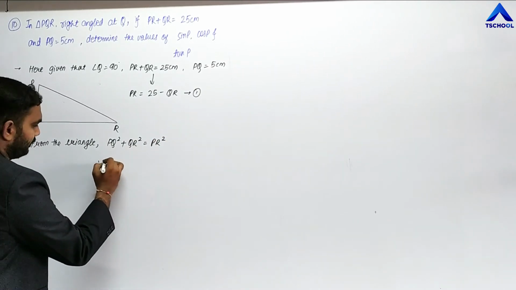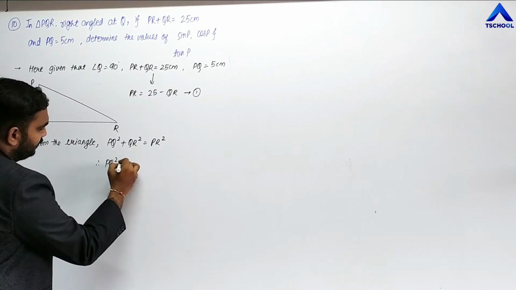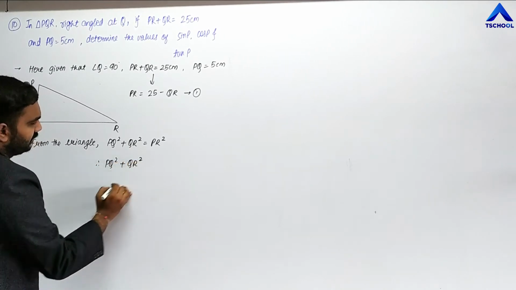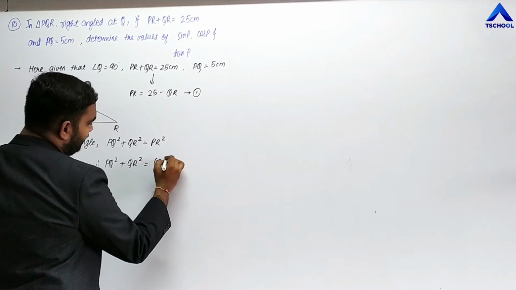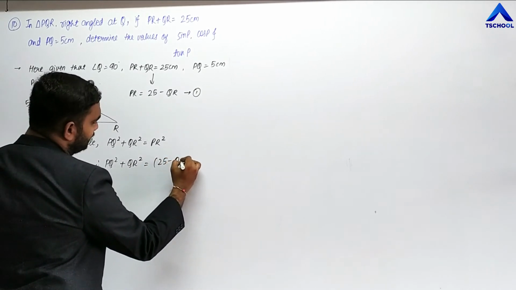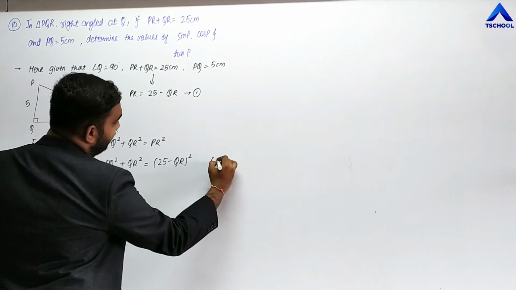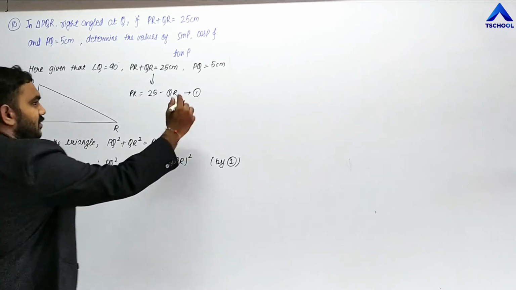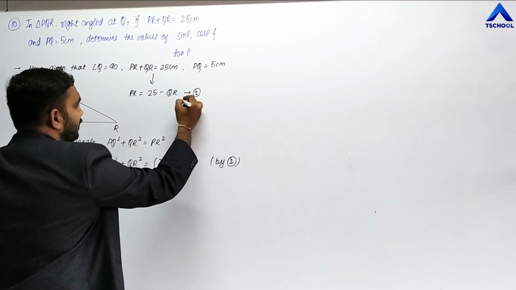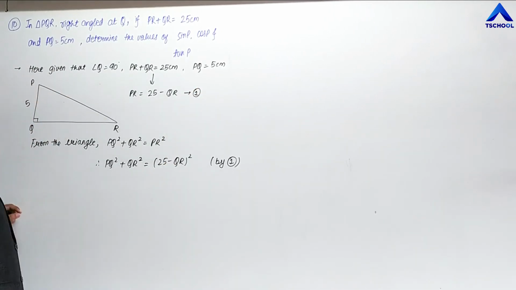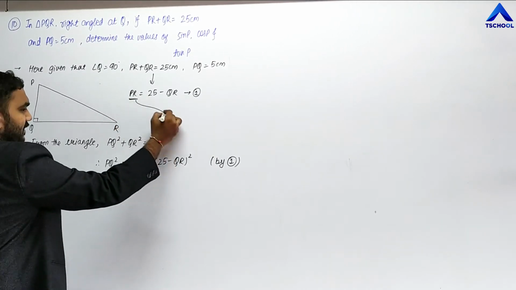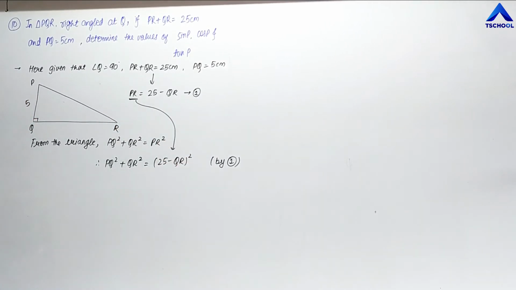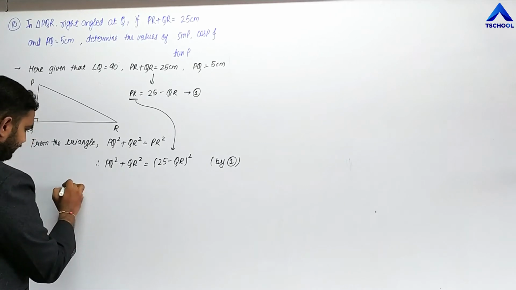So PQ square plus QR square can be written with 25 minus QR whole square, by equation number 1. In place of PR, we replace it here, that is 25 minus QR whole square. PQ is already given, let us put it down here.